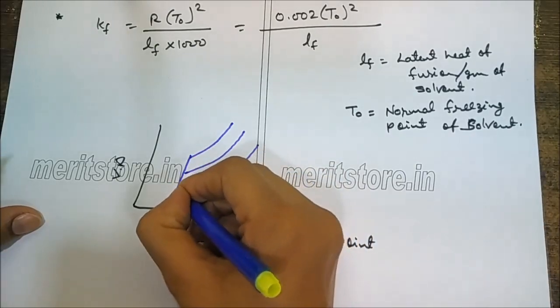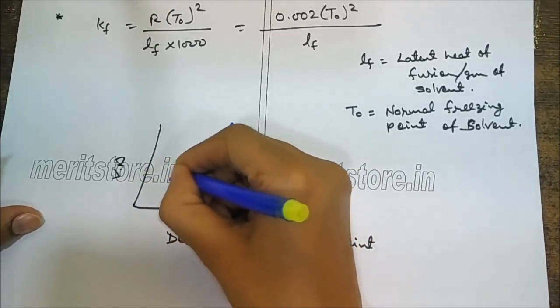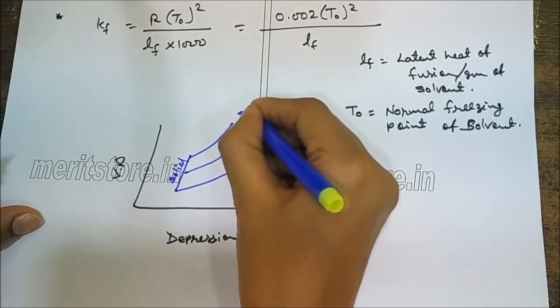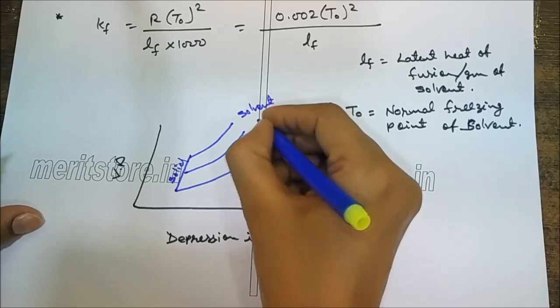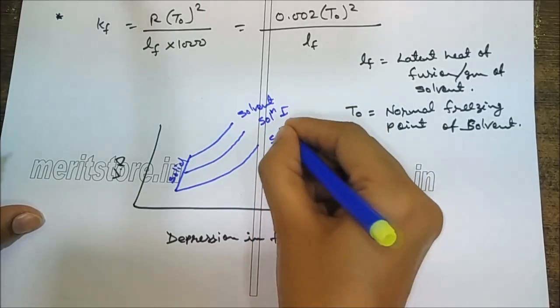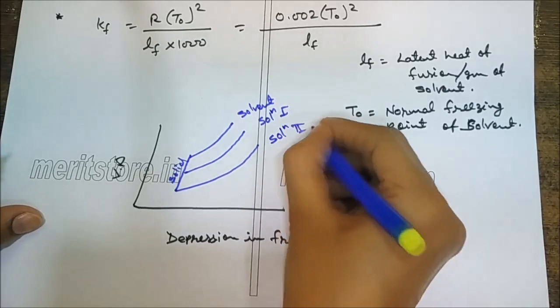Here it is, this is our solid state, and here it is liquid state. This is for pure solvent, for solution 1, and this is for solution 2.